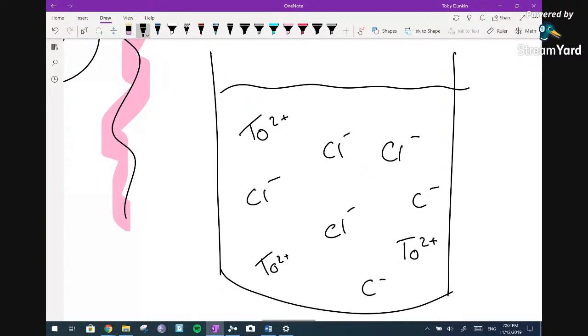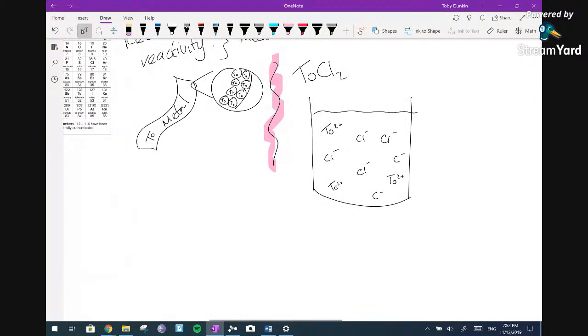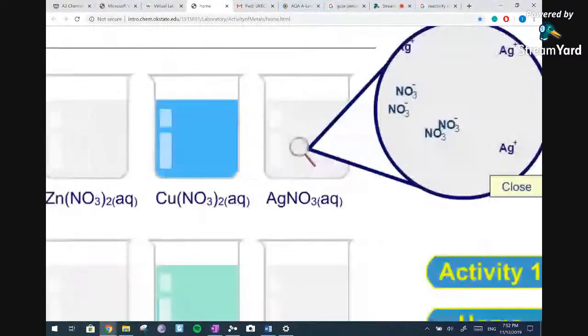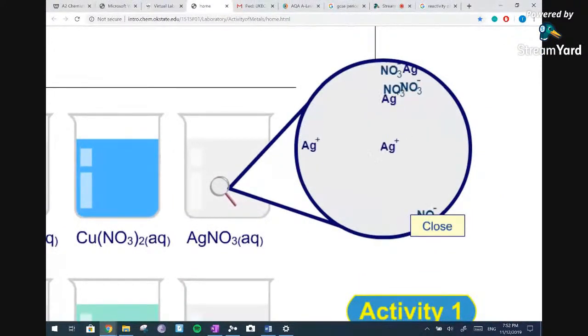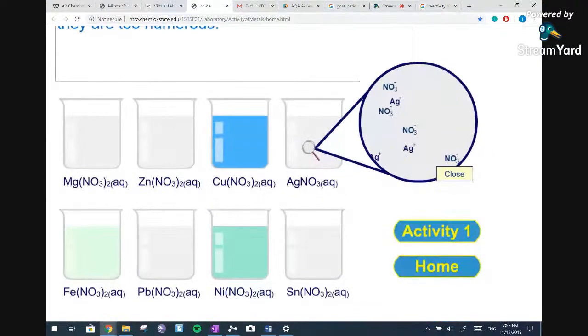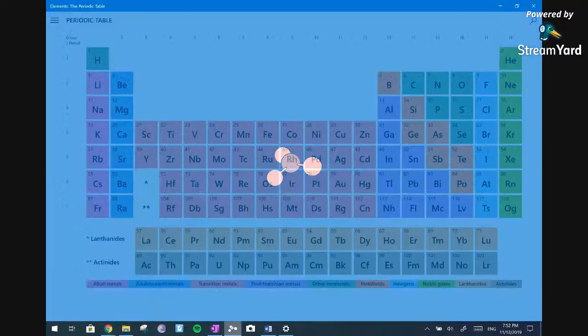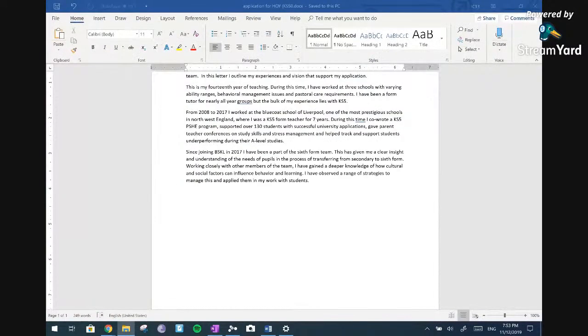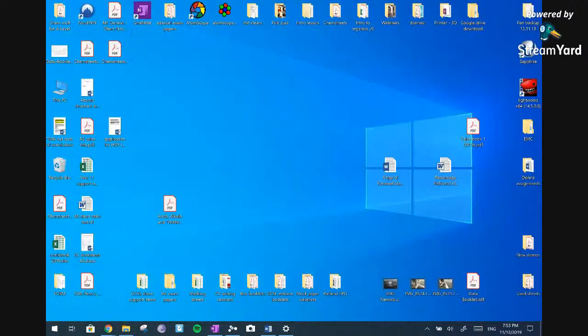It's nice to show the animation because there's the magnesium nitrate, the ions. Let's have a look at silver nitrate. The ions are kind of floating around in the solution. They're no longer together. This is because when something dissolves, the water pulls the ions apart.